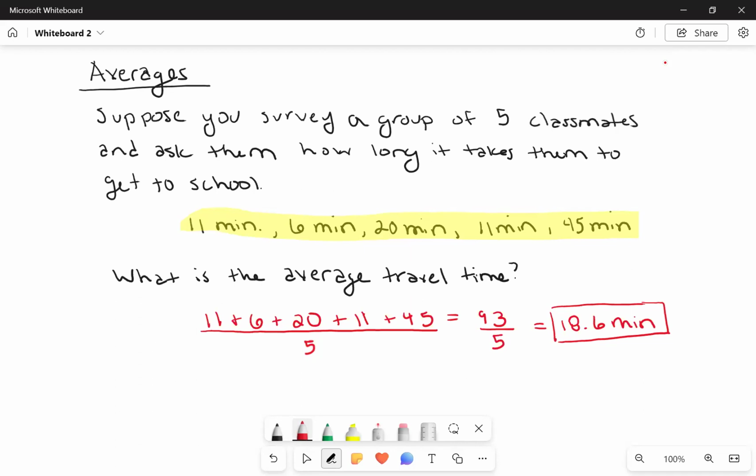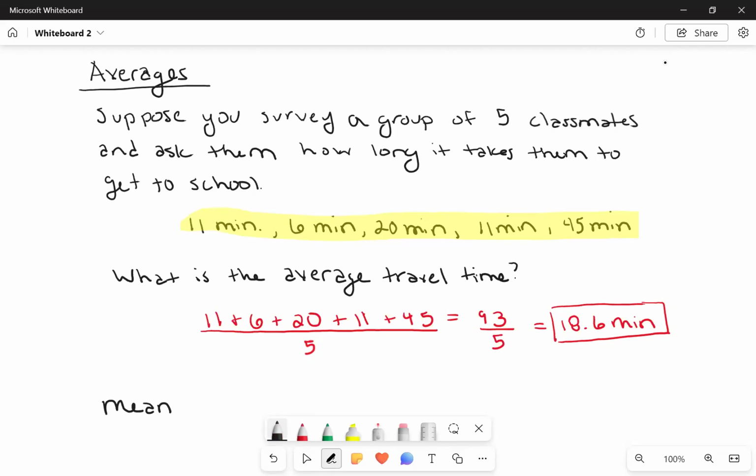Now, first of all, this method that we just used for finding the average is called the mean. Specifically, it's called the arithmetic mean, but we'll just call it the mean for simplicity's sake.